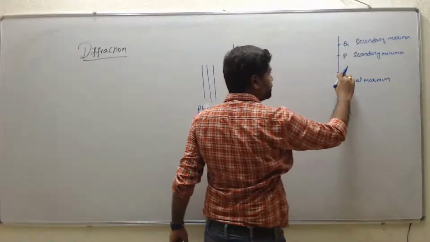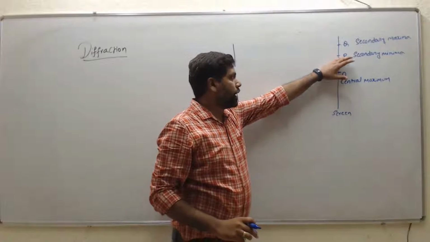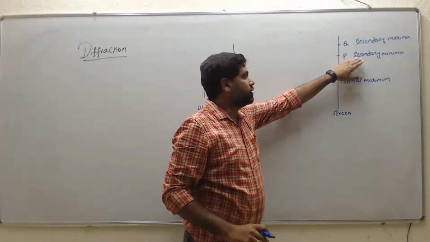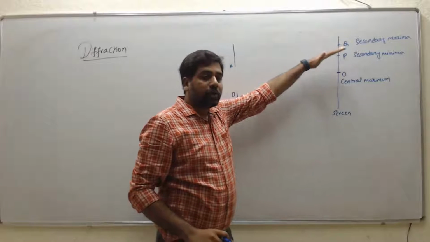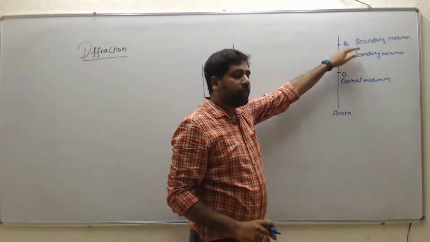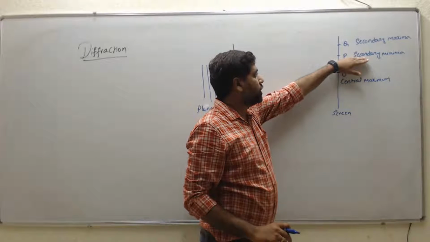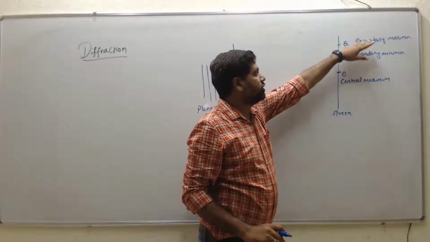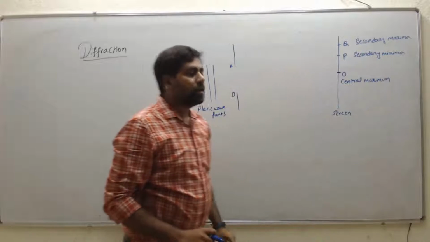Here is the central maximum. After the central maximum, we get a dark region, which we call the secondary minima, with a number of orders: first secondary minima, second secondary minima. After the dark region, we get one more bright region.